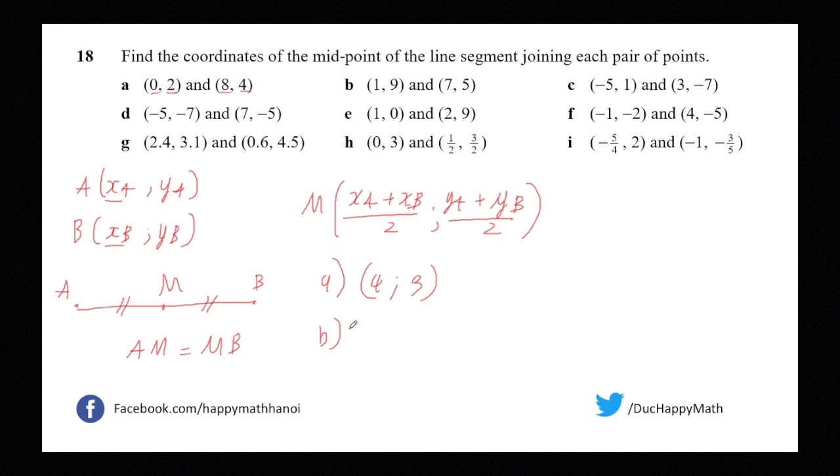Question B: 1 plus 7 is 8 divided by 2 is 4, and 9 plus 5 is 14 divided by 2 is 7. C: minus 5 plus 3 is minus 2 divided by 2 is minus 1, and 1 minus 7 is minus 6 divided by 2 is minus 3.